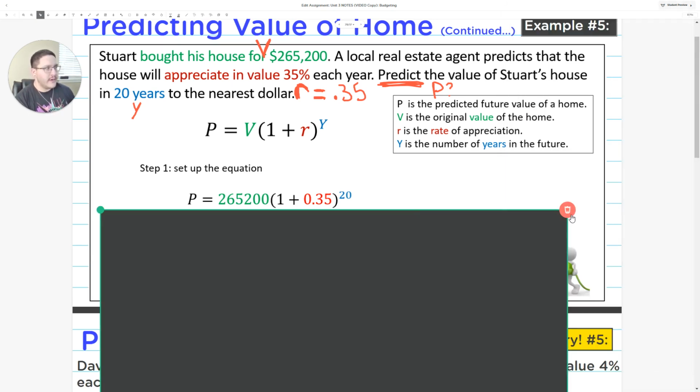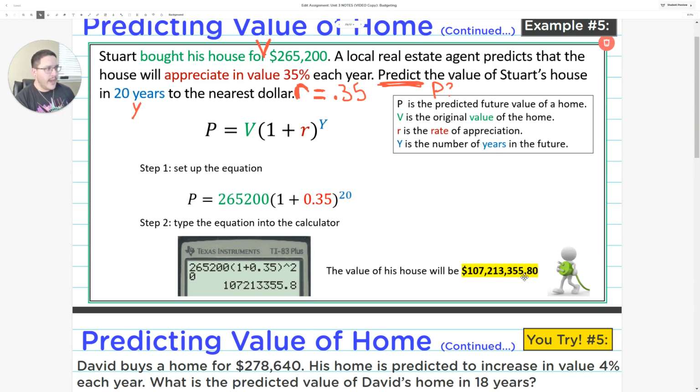If we round it to the nearest dollar, we get $107,213,356. And that's it for example number 5.